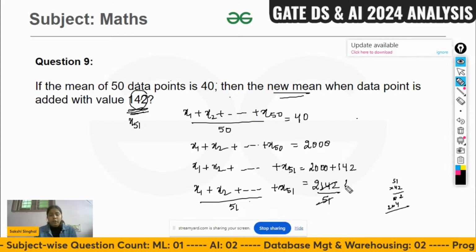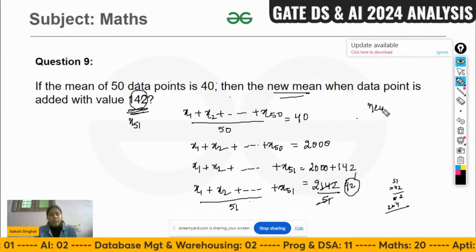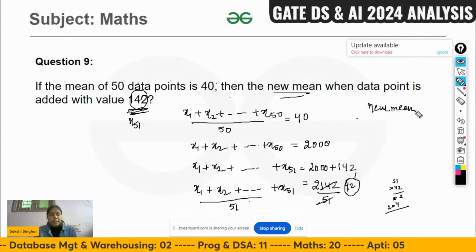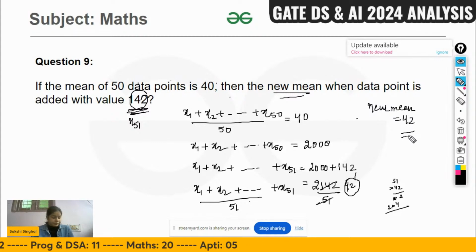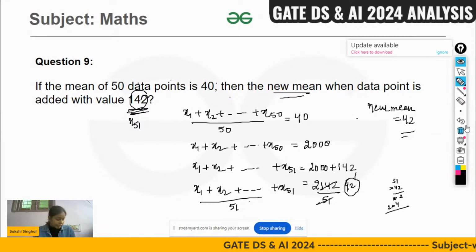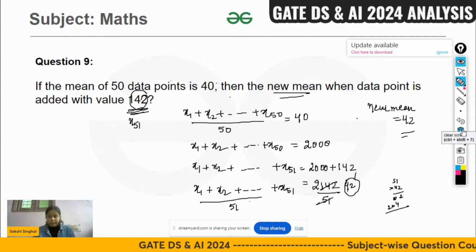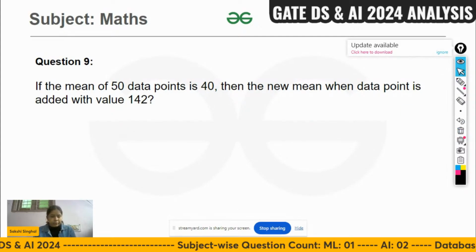Okay, so it would give me 42. Right, so the new mean would be 42. So guys, just let me know in the chat section how many have done this answer correct. Just tell me, how many of you got the new mean 42? Okay, so let's move to the next question.